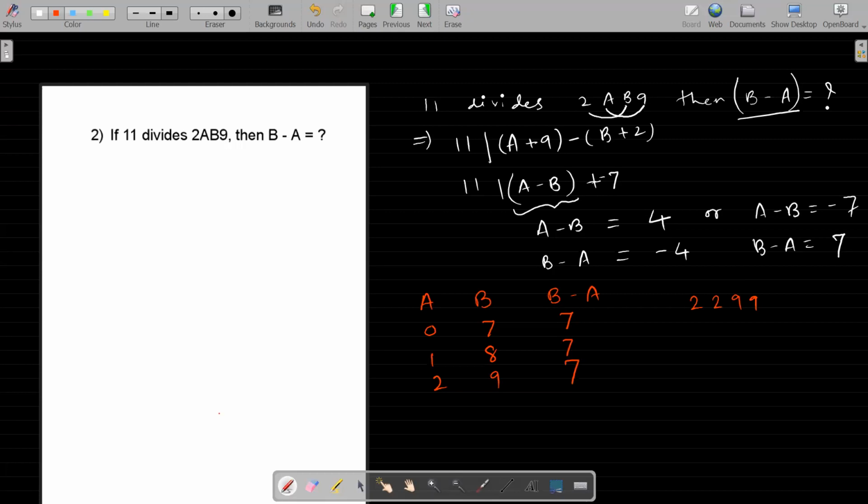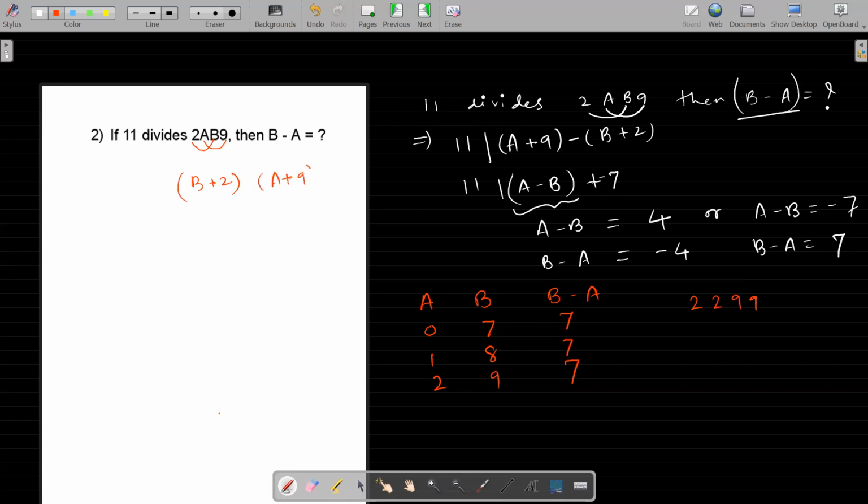Can you explain what you did in the first one again? Let's see once again. You look at alternate digits and the difference of these additions. So B plus 2 and A plus 9.